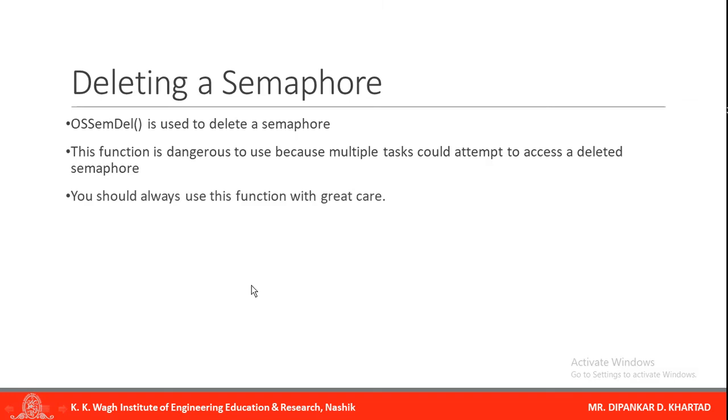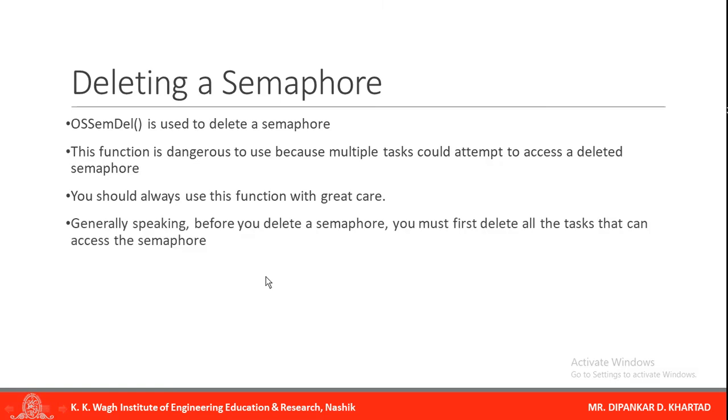You should always use this function with great care, because if task 1 is using a shared resource and you delete that shared resource, that is very problematic. So we have to handle it with care. Before you delete a semaphore, you must delete all the tasks that can access the semaphore. After that you can delete.